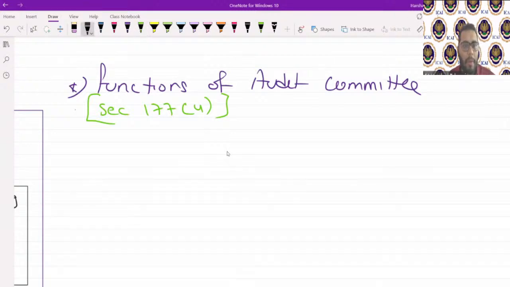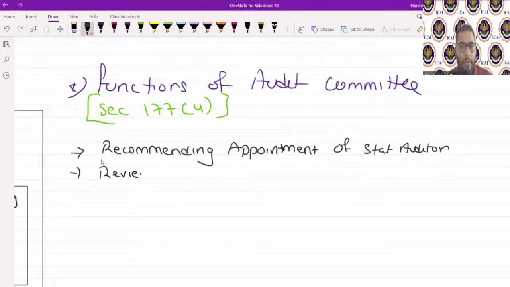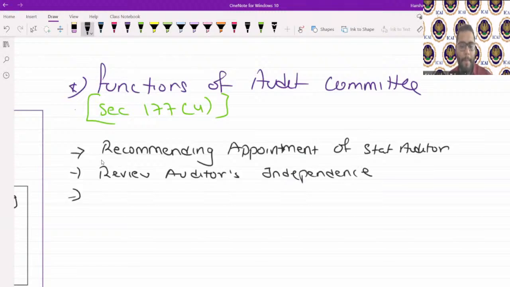see, first, recommending appointment of statutory auditor, review auditors' independence.